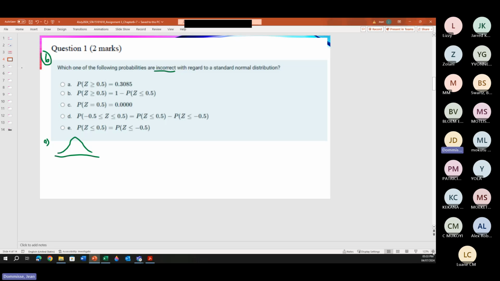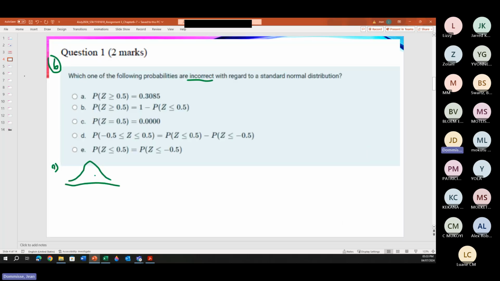If we draw it, we know that in the middle of the Z is 0, so somewhere here is 0.5. And we're looking at that area because it needs to be bigger than 0.5.